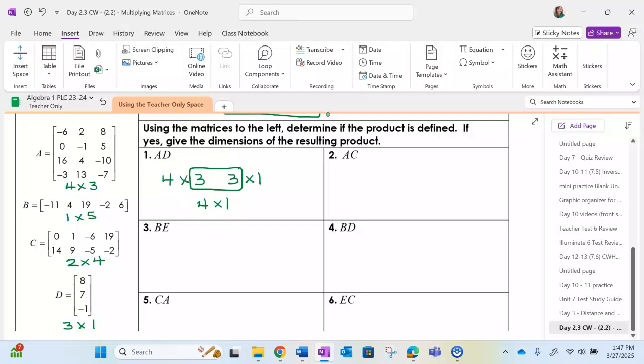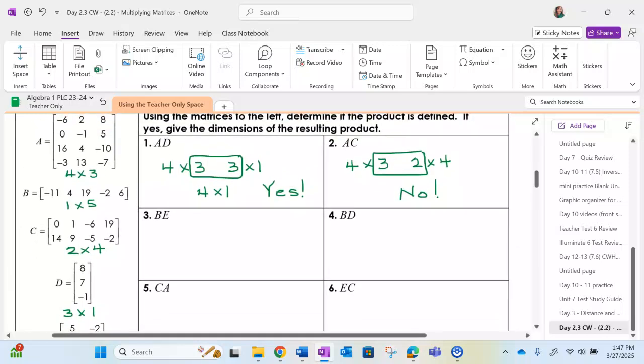The answer is yes, it is defined. Number 2: A is 4 by 3, C is 2 by 4. These 2 in the middle are not the same, so I can't do anything.